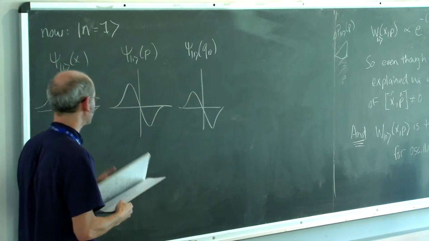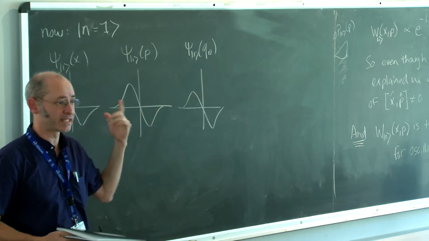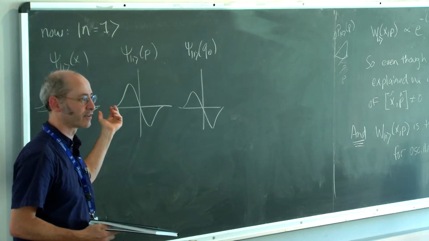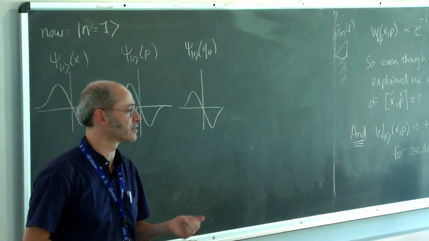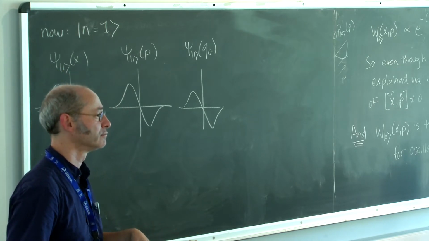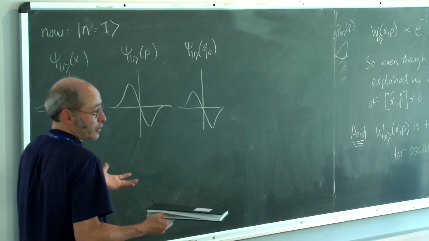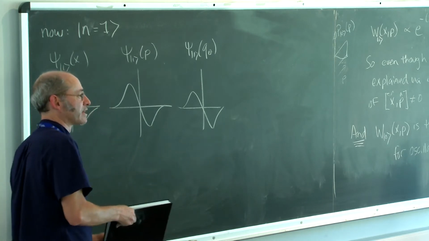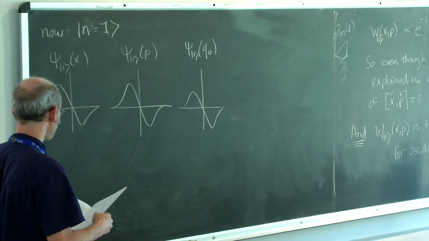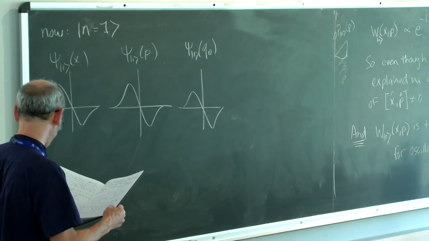And this fact is a consequence of the fact that the Hermite-Gauss polynomials, these eigenfunctions, are themselves eigenfunctions of the Fourier transform operator. So they're the functions that when you Fourier transform them, give you the same thing right back again. That's why they keep looking the same.